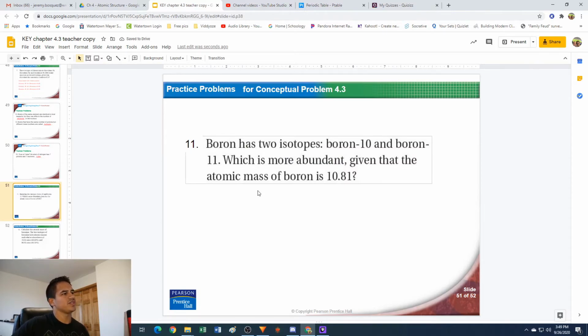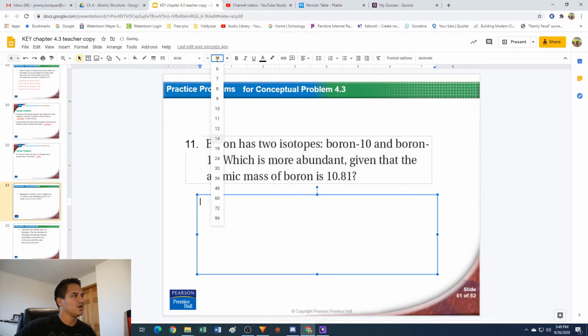Number 11, boron has 2 isotopes, boron 10 and boron 11. Which is more abundant given that the atomic mass of boron is 10.81? All right, atomic mass, remember, is an average mass using the mass of each individual isotope and their percent abundance, which is how common they are found in nature.